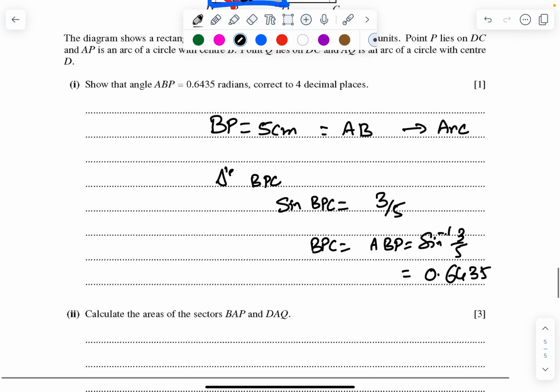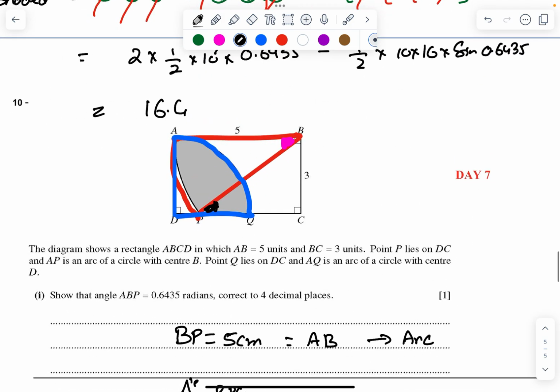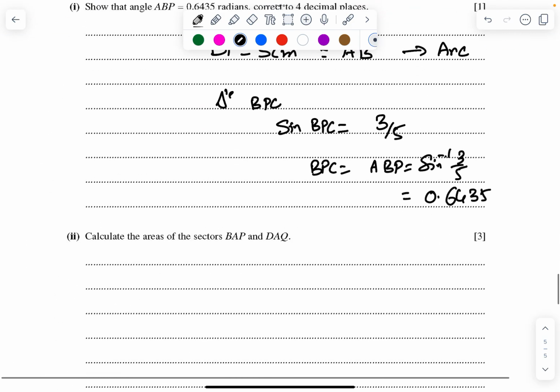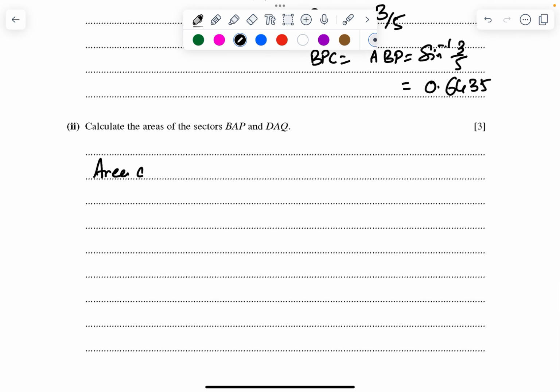Calculate the areas of the sectors BAP and DAQ. For BAP, the area of a sector formula is half r square theta. Half, radius is 5 square, and theta is 0.6435, which is going to be 8.04.